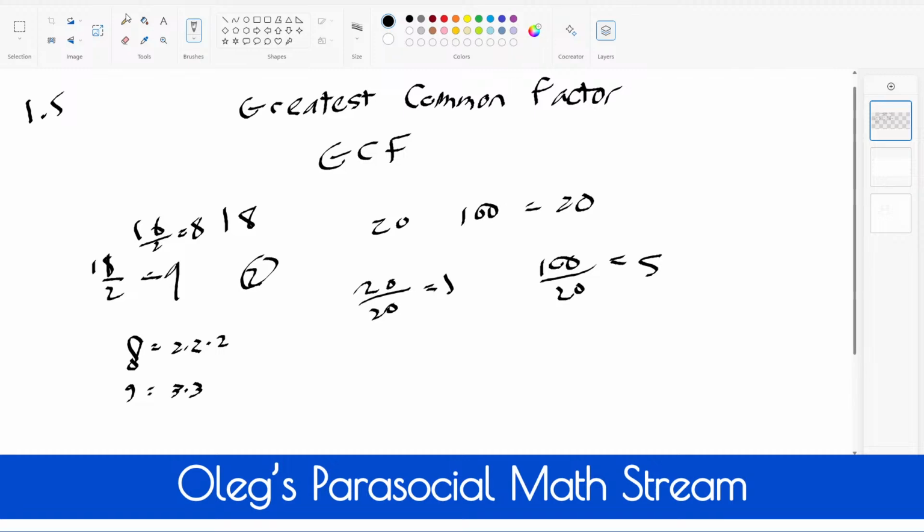This is a fairly short section. You identify the greatest common factor of the coefficients, that is the numbers attached to the variables, and then you find the variables, and then you combine to find the greatest common factor of the expression.